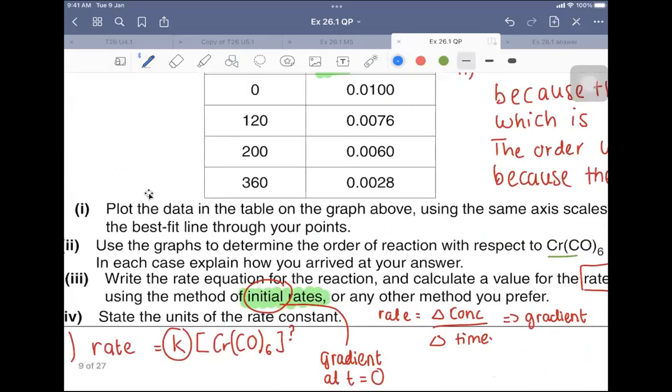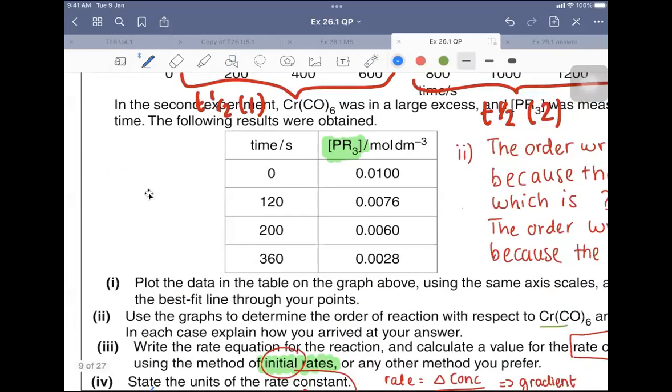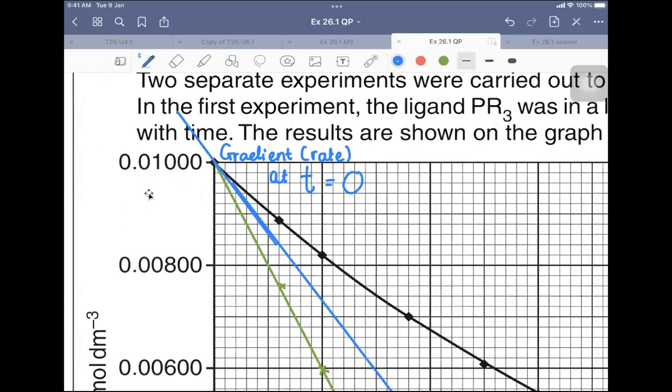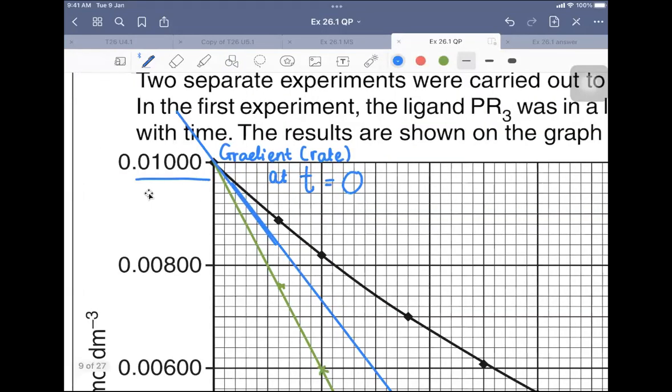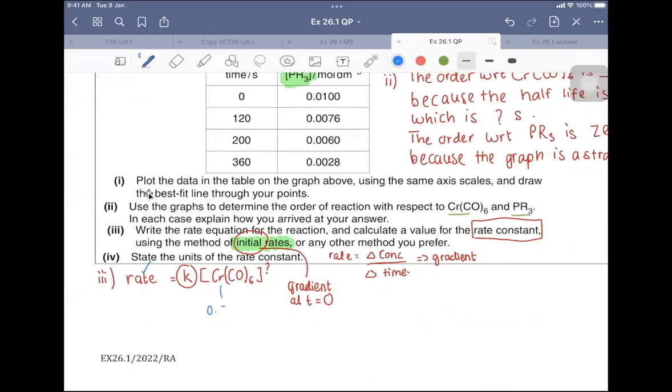Now, if you look at the expression, you can find the rate from the graph. You want to find K. What is your concentration of chromium? At initial, the concentration of chromium is 0.01 mole per dm cube. Then you rearrange K is equals to rate over the concentration of CrCO6 to the power of X, whatever.